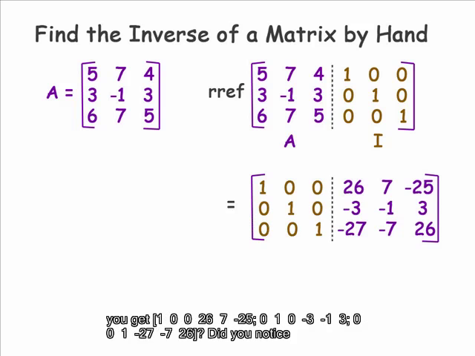Did you get row 1: 1, 0, 0, 26, 7, -25; row 2: 0, 1, 0, -3, -1, 3; and row 3: 0, 0, 1, -27, -7, 26?